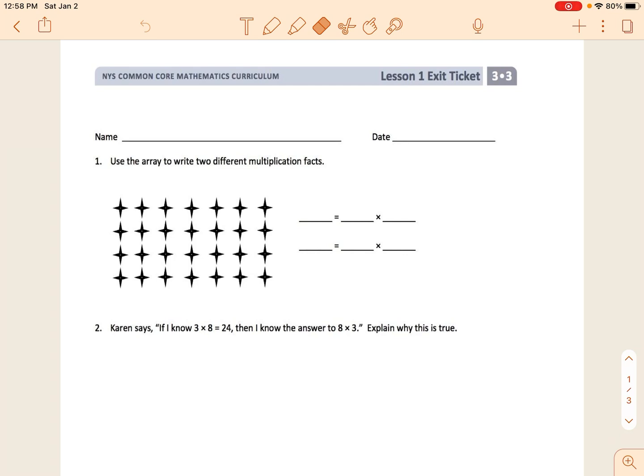All right, number 1 says use the array to write 2 different multiplication facts. So we have 1 row, 2 rows, 3 rows, 4 rows of stars. So I am going to write 4 times 7 is 28.